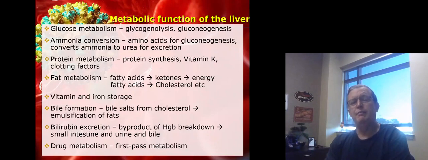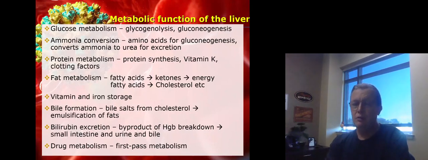Then when you start thinking about the liver and coagulation, you should be thinking about clotting factors, vitamin K, and the other clotting factors such as fibrin and fibrinogen. Those are other components of the coagulation cascade, and you've got to have them in order to make clots. So if you've got liver problems, then you're potentially going to have bleeding problems.